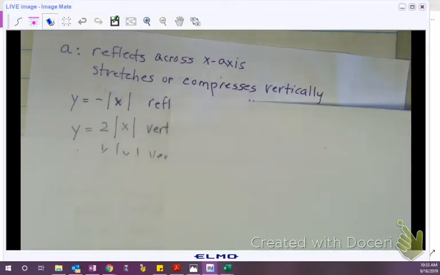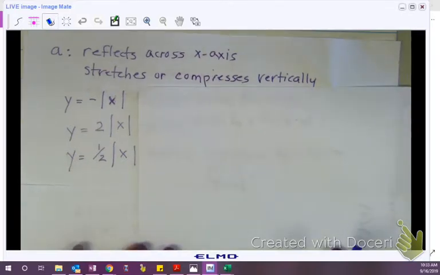So I want you to put these three equations in the Desmos calculator. Then graph them on your graph paper for this page. And then we're going to talk about how you should write the transformations for these three graphs. So put them in Desmos, then graph them, either label them or color code them on your paper. And then we'll talk about what you should say when you're describing these.